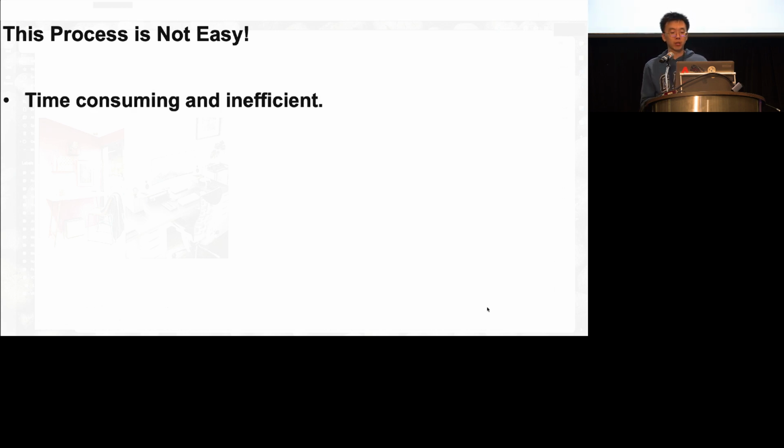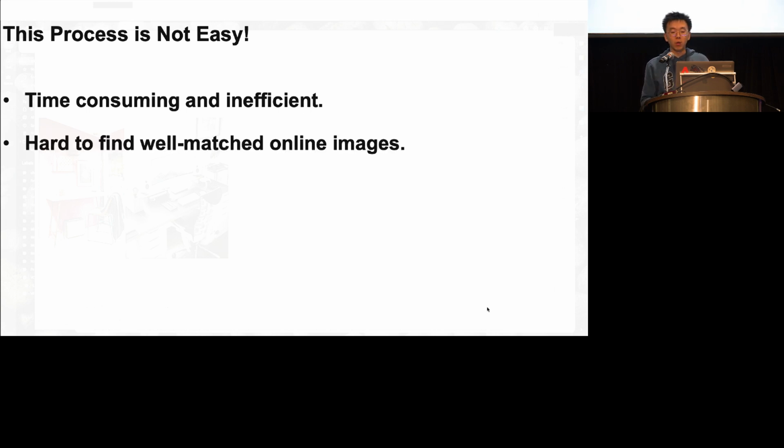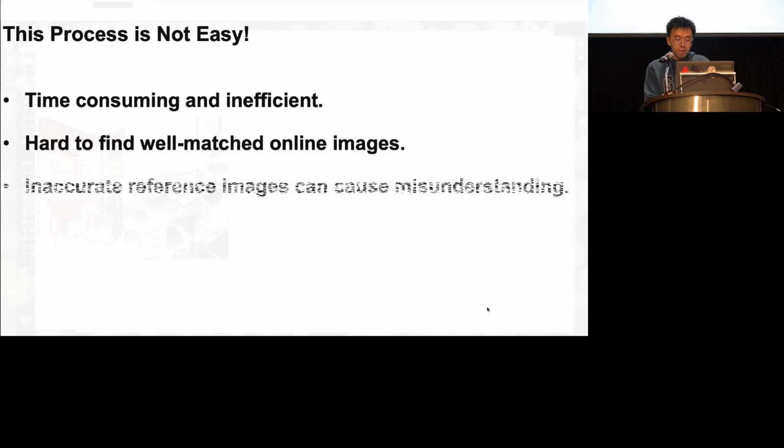Exploring 3D models is time-consuming, inefficient, and might be difficult for feedback providers without 3D experience. Finding well-matched reference images is also not easy and sometimes nearly impossible. And finally, inaccurate reference images could hinder designers' understanding of the feedback.